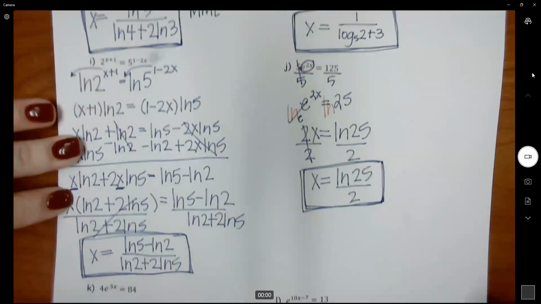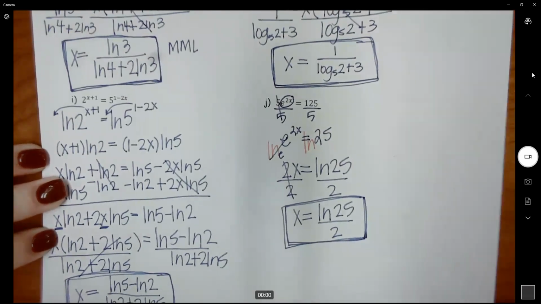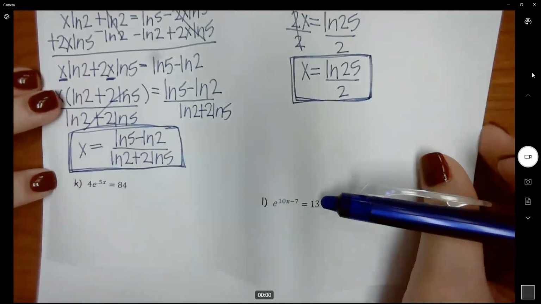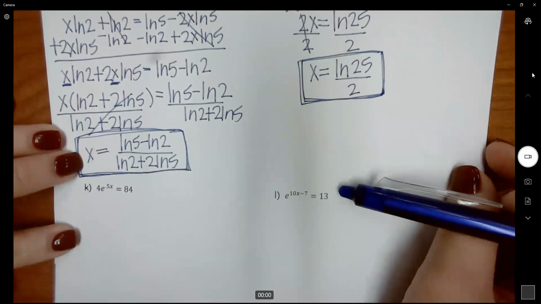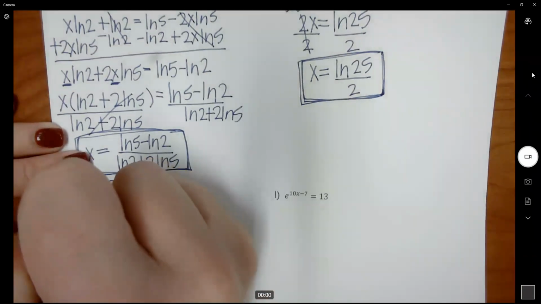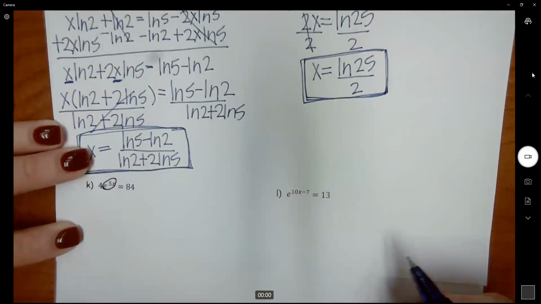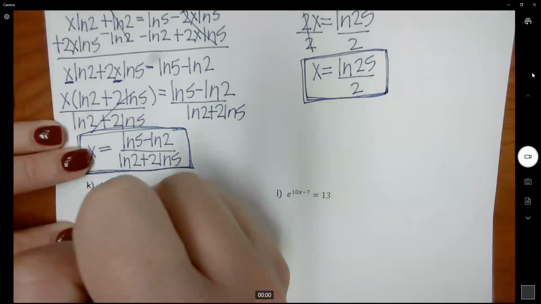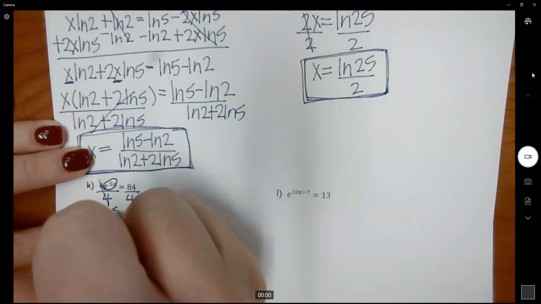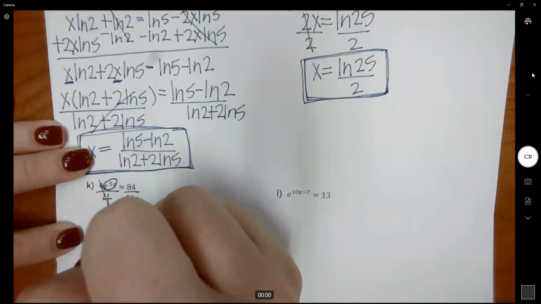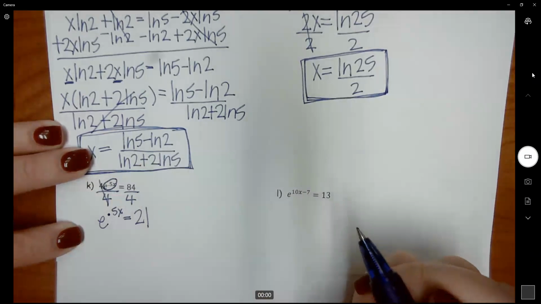Okay, same concept here on K. I need to isolate my exponential term. That's my exponential term. So we got to divide both sides by 4. So we get e to the 0.5x equals 21.